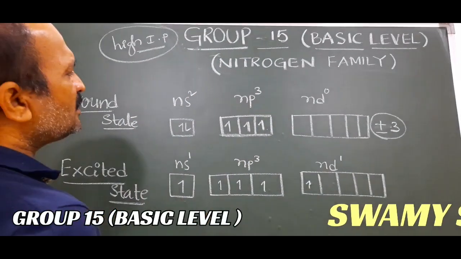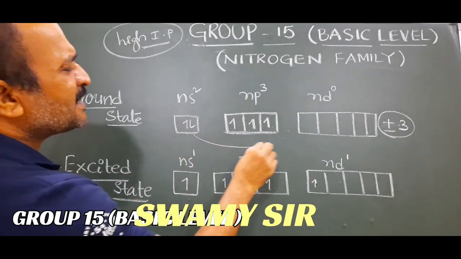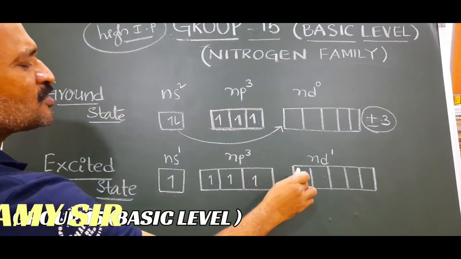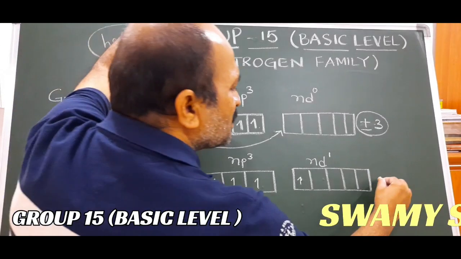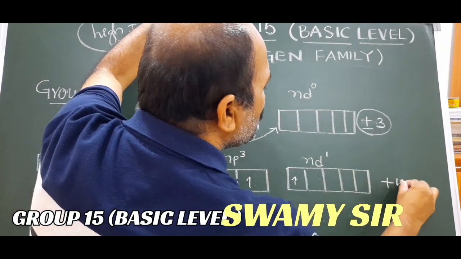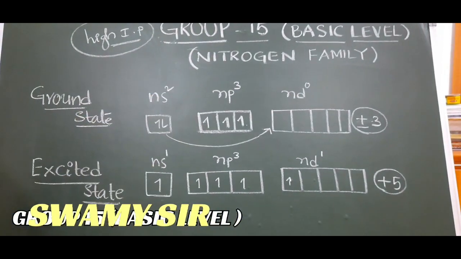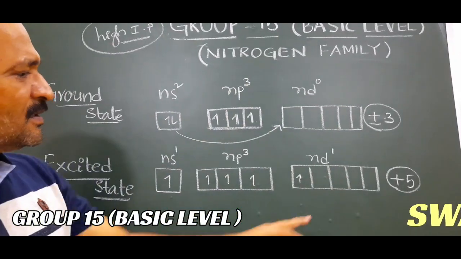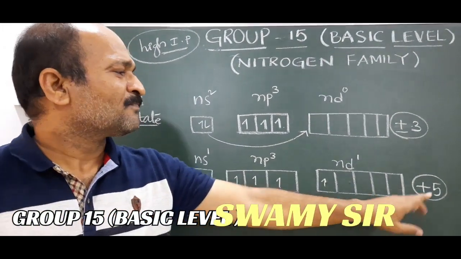And next, here one electron pair is there. If it undergoes excitation to the d sublevel, then 5 unpaired electrons are possible. With 5 unpaired electrons, the possible oxidation state is only +5 but not -5. Students, here I am giving one shortcut. Why is the -5 oxidation state not possible?